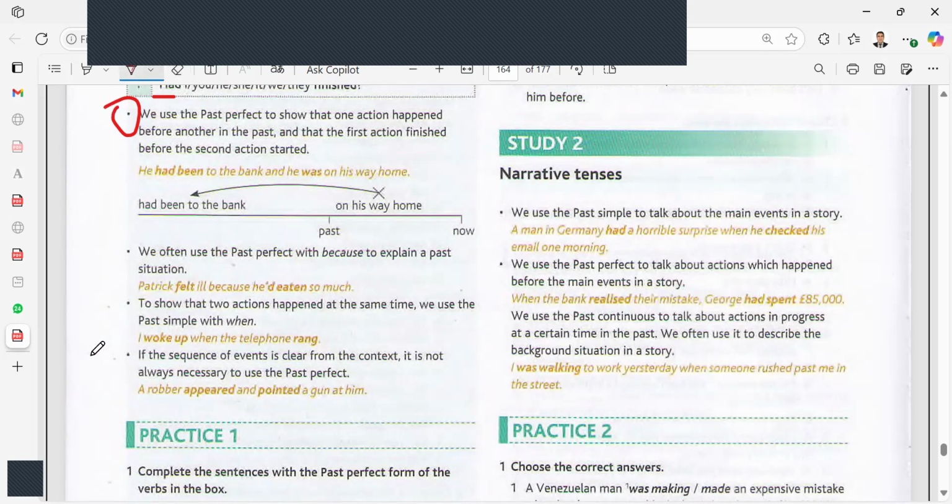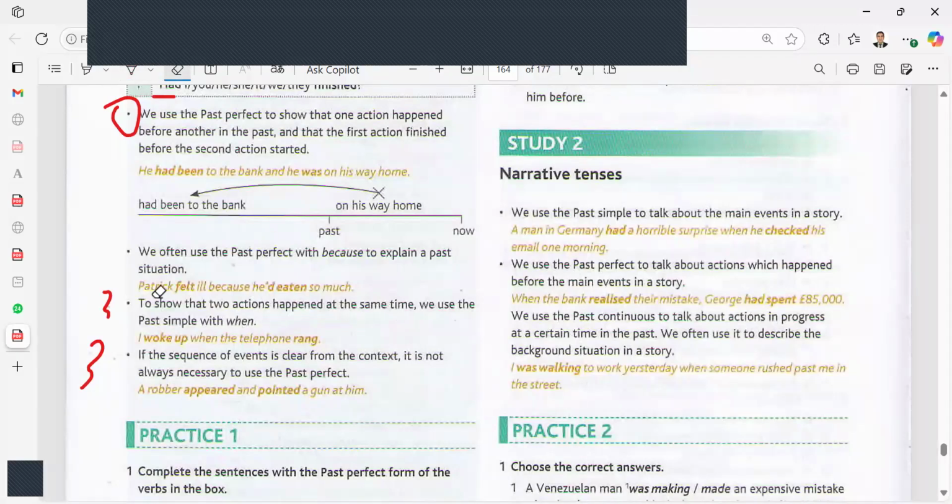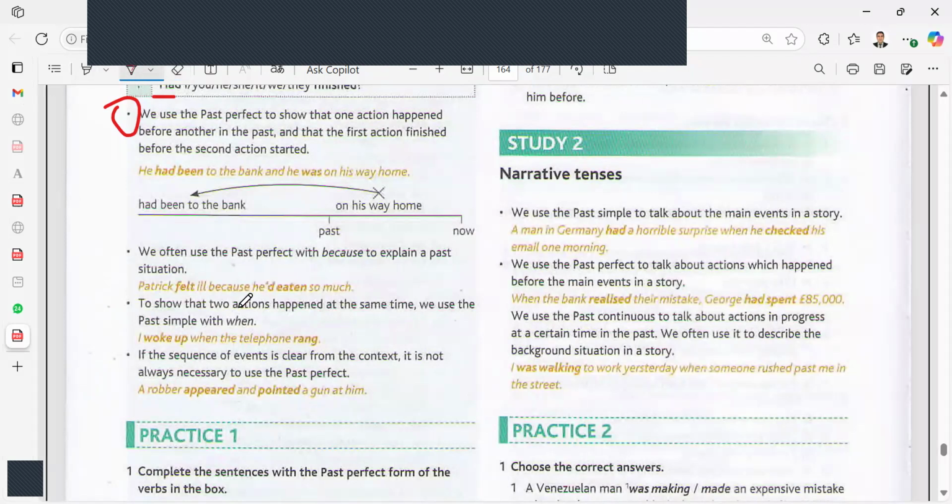طيب number three. To show that two actions happened at the same time we use past simple with when. ركزي هنا جدا يا جود. لكن if you have two actions، لو عندي حدثين وقعوا في الماضي at the same time في نفس الوقت، in this way use past simple، مانيش محتاج اخذ past perfect.